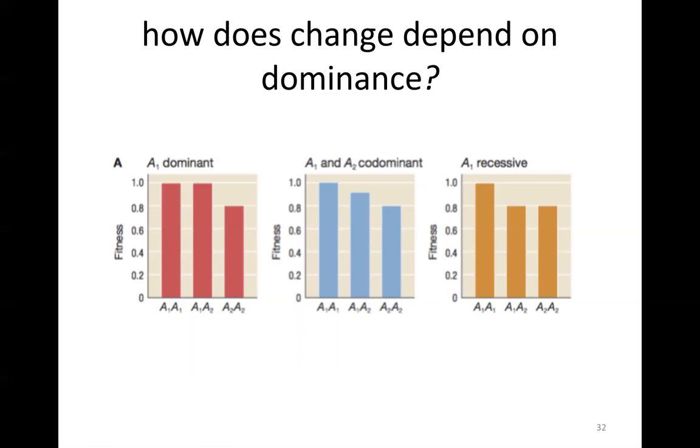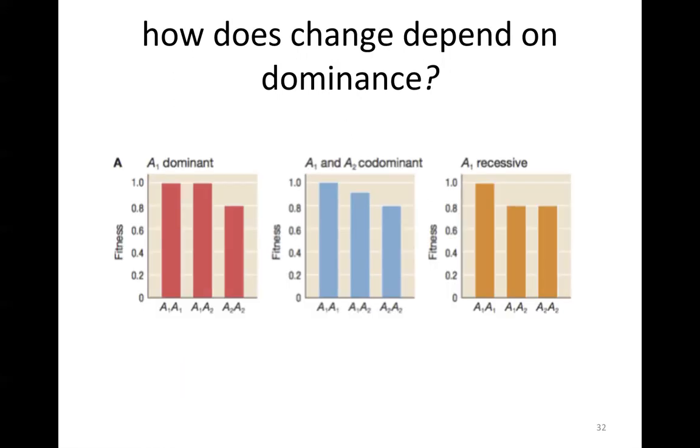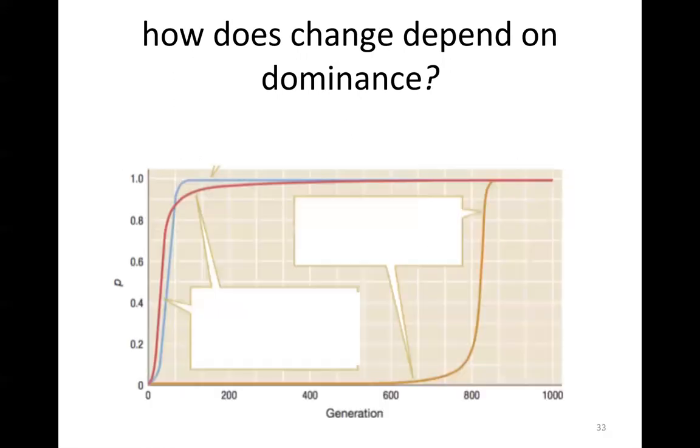So how will these different scenarios affect this pattern, or will they affect it at all? Think about this for a second. The answer is yes, they will affect it quite dramatically. Here you see again directional selection for a beneficial allele, totally deterministic.